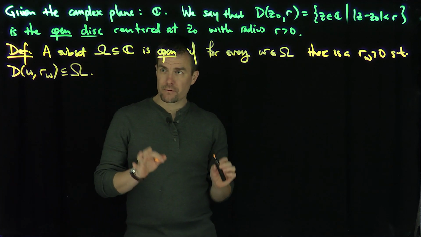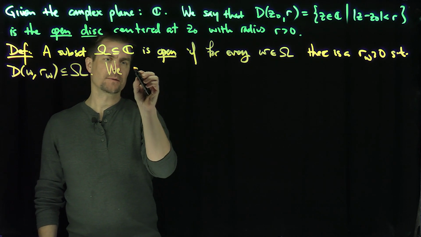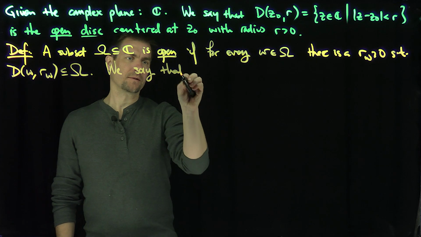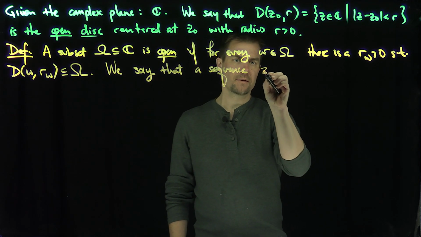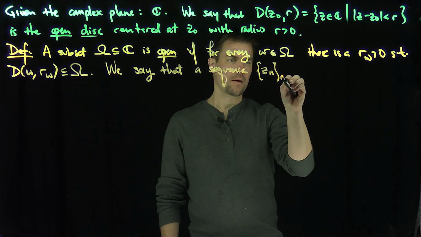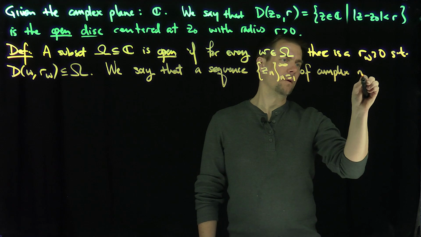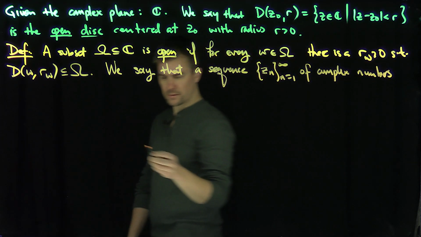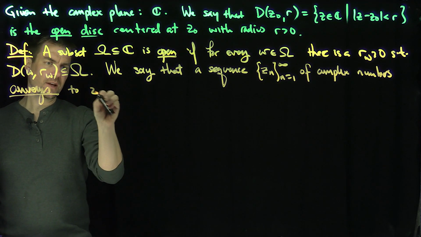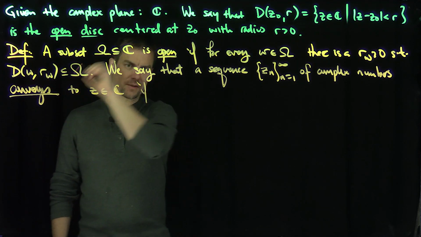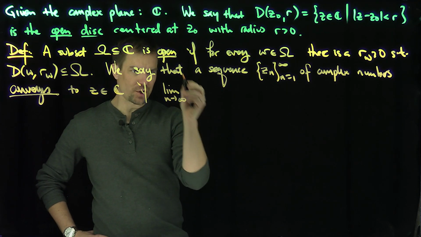And now let me define the notion of convergence. I'm going to define two topological properties simultaneously. We say that a sequence z_n, n goes from 1 to infinity, of complex numbers converges to a point z in C if the limit as n goes to infinity of the modulus of z_n minus z goes to 0.